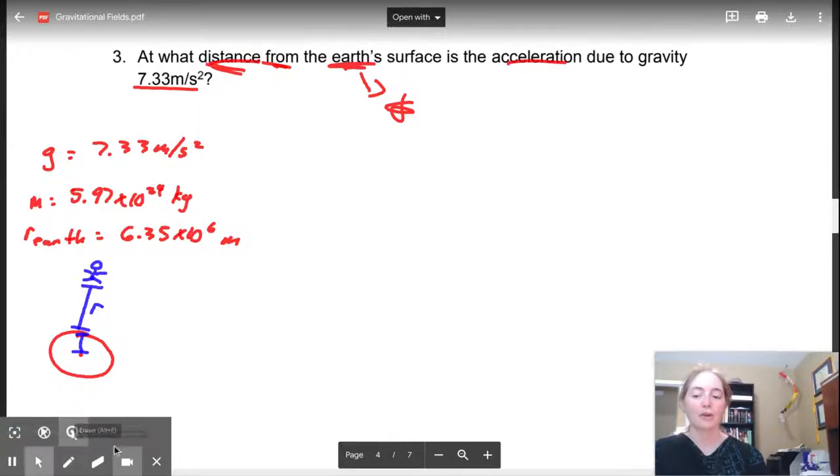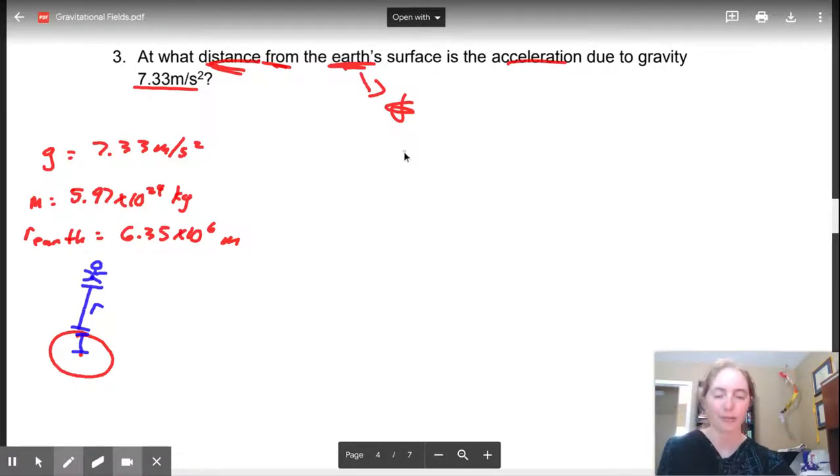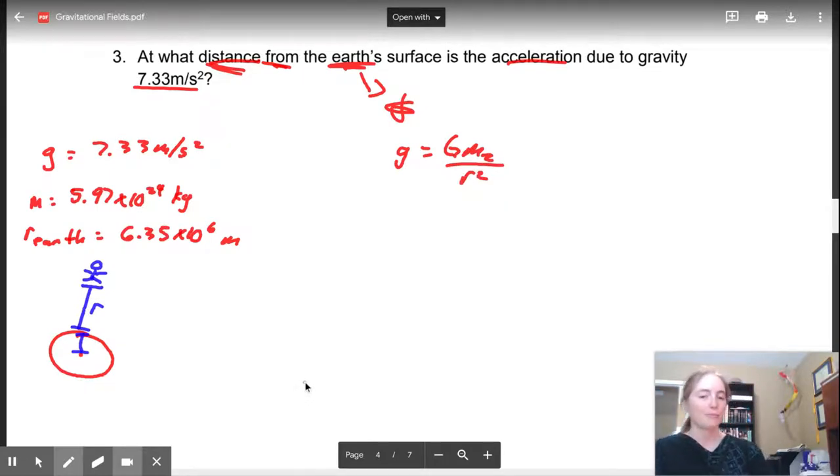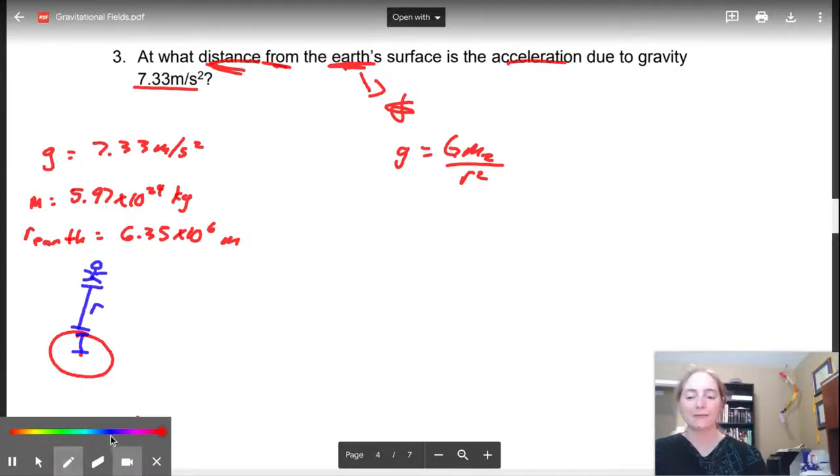However, when we look at our equation here, g equals GM over r squared, well, ladies and gentlemen, this radius here, this r squared, is going to give you the value from here all the way down to Earth's center.